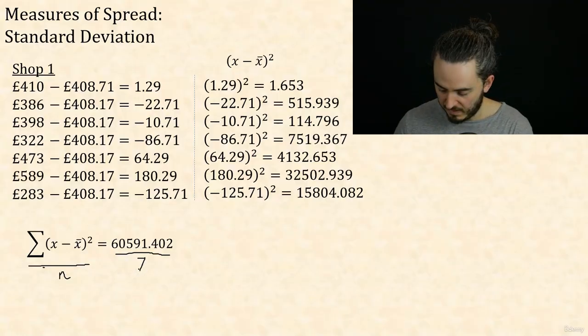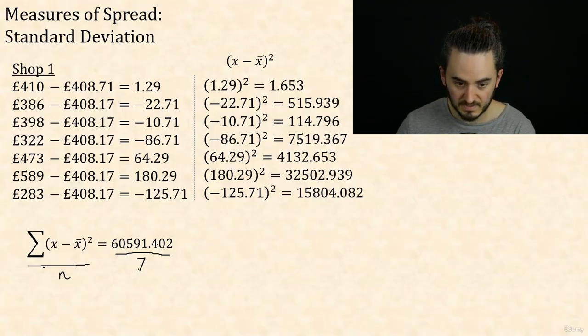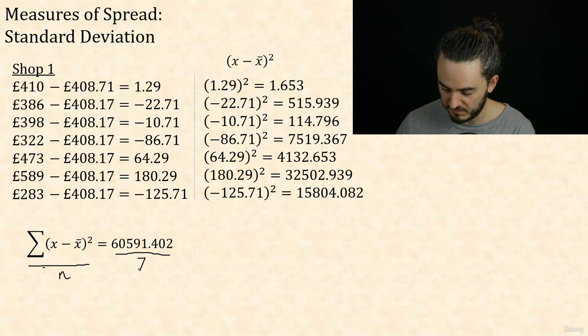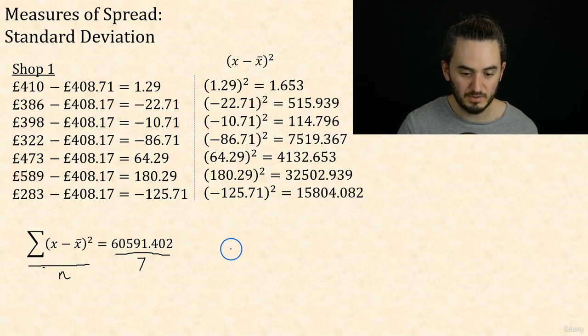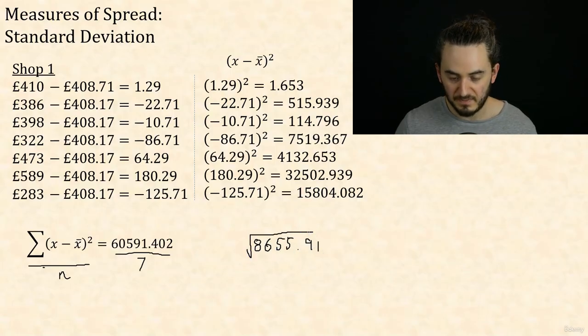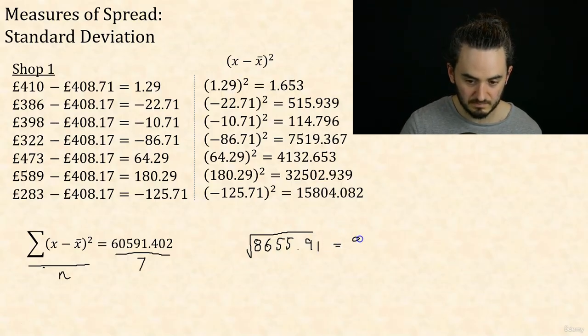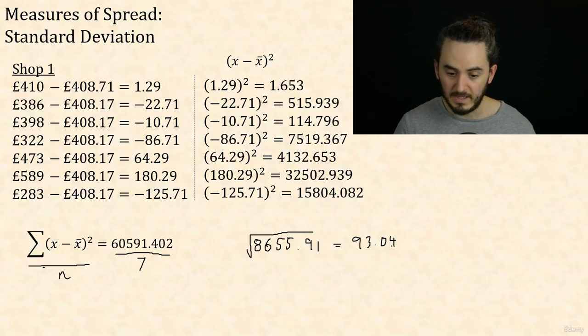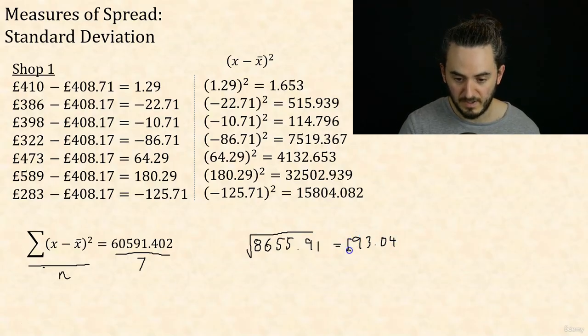So with all of that keyed in, we do 60,591.402 divided by 7, and this is our average squared distance, which is 8,655.91. Finally, we square root that, and that's going to give us our standard deviation of 93.04. And we can even give units to this because, of course, we're measuring this in pounds.